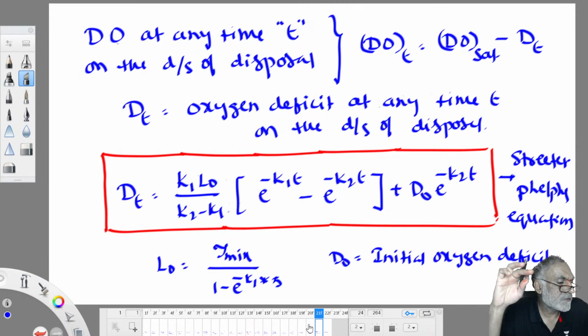The 2020 GATE question has been asked: initial oxygen deficit.